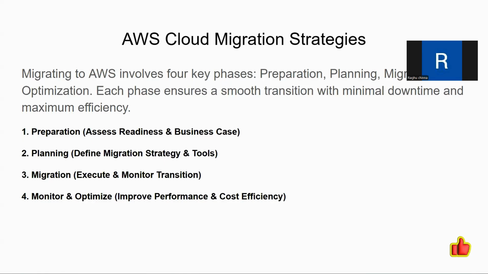In this video, we are going to discuss AWS Cloud Migration Strategies. So, every company, most of the applications are on-premises, the older version, and now every application wants to be in the cloud space.